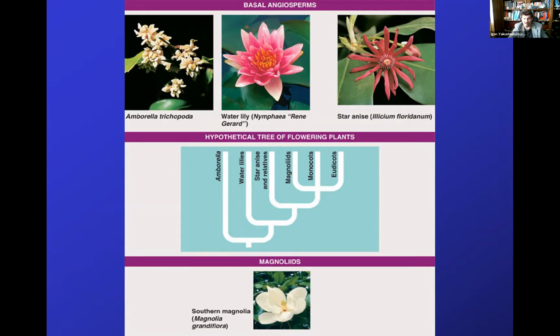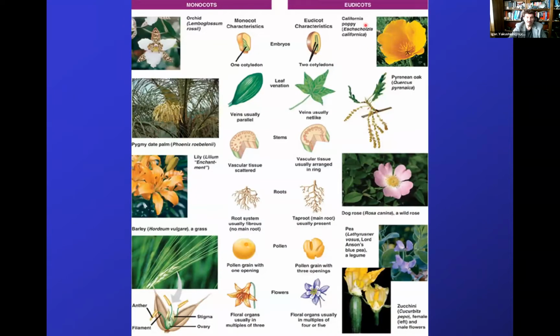And what are the differences? So here's the main difference, and you will see it in the lab next time. Here we're looking at the seed, and within the seed, if there is only one embryonic leaf, it's a monocot. Within the seed, if we have two embryonic leaves, it's a dicot.